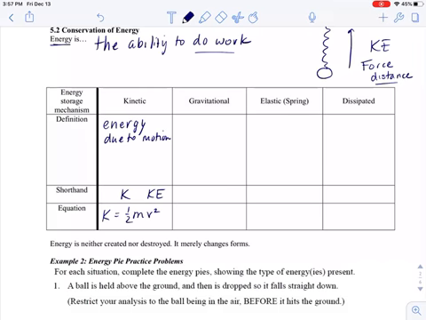The next kind of energy we want to look at is gravitational potential energy. Gravitational potential energy comes from lifting something. It's energy due to position.